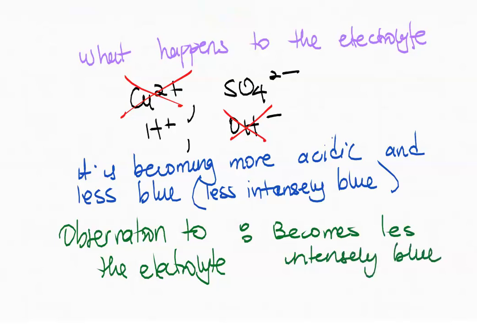Is it an observation that it becomes more acidic? I want you guys to tell me. Will you see that? You cannot see that, but you will see that it becomes less blue. Do you understand the difference in how you answer the questions?